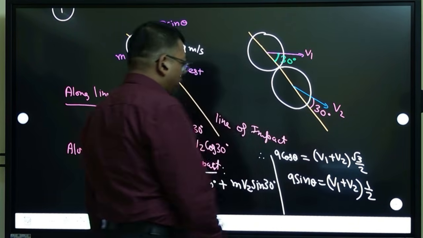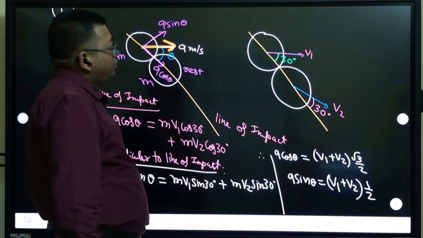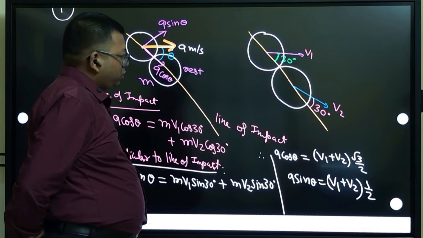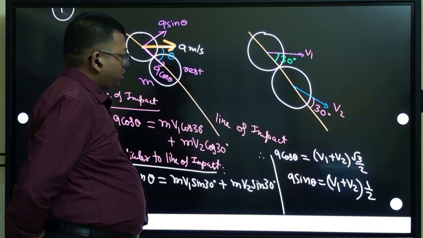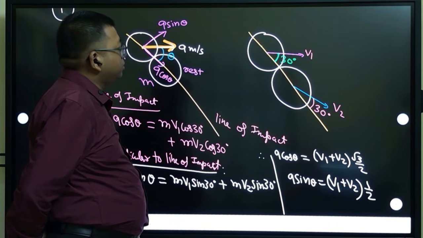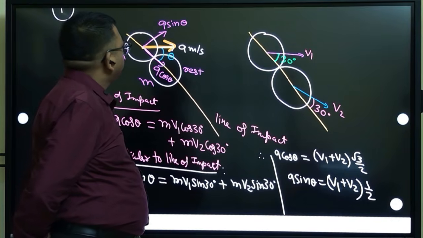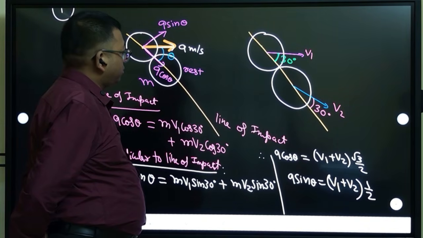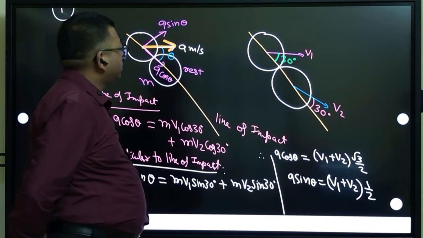Correct? So if I take the ratio, then tan theta will come 1 by root 3. Theta comes as 30 degree. That is one possible solution, that the initial angle was 30 degrees.